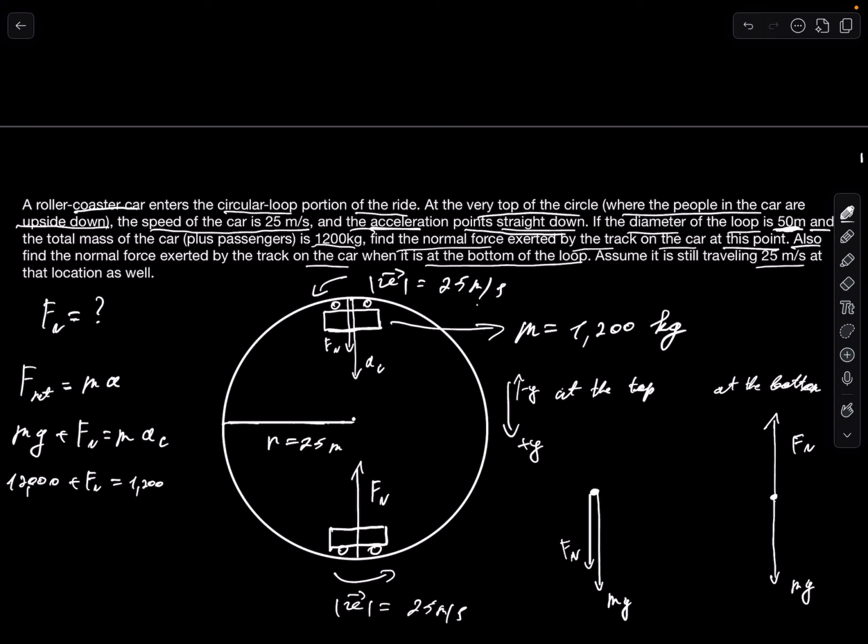Then the centripetal acceleration is velocity squared over the radius. Velocity is 25, that is squared, over 25. Gives us exactly 25 meters per second squared. So here times 25. So the normal force is equal to, let me do it real quick.